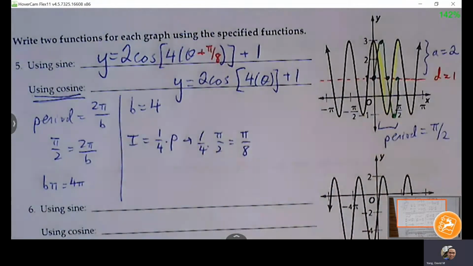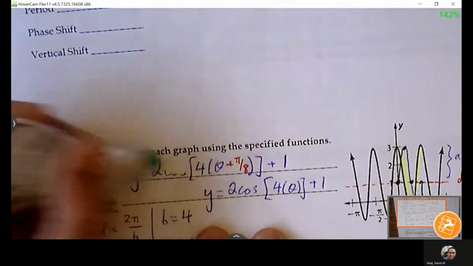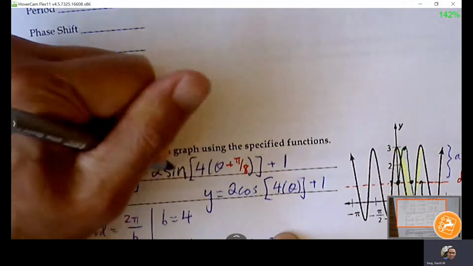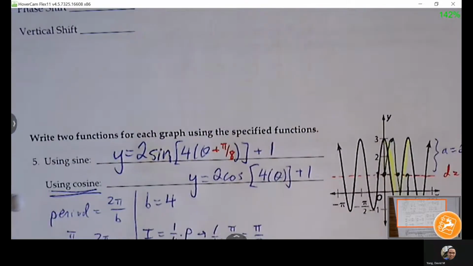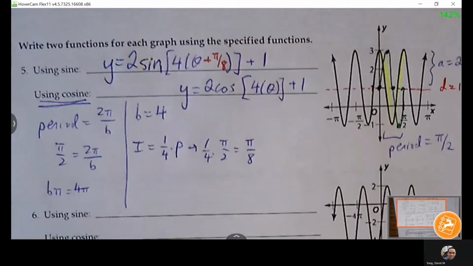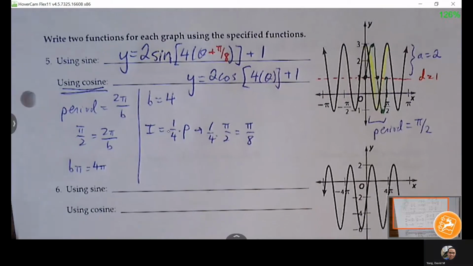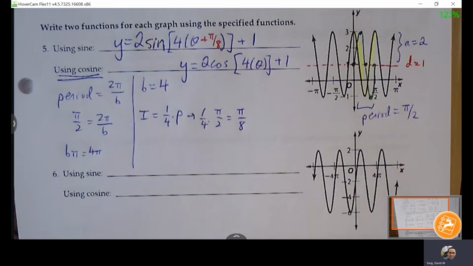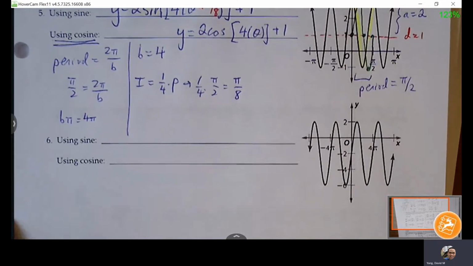Oh, sorry, that should be sine. Okay, number 6, you're going to start with sine.